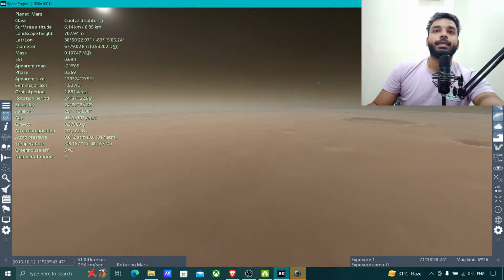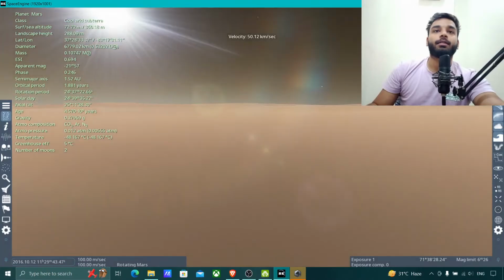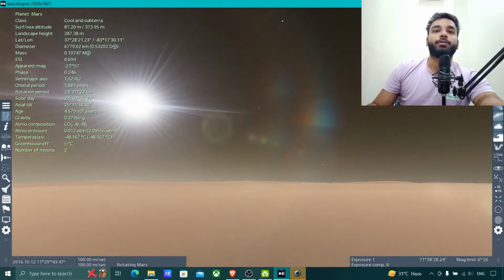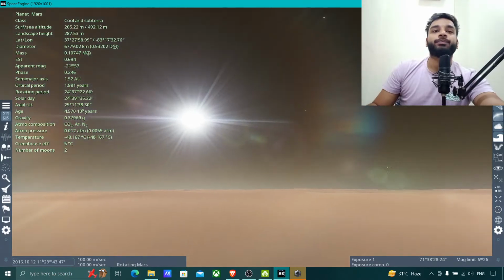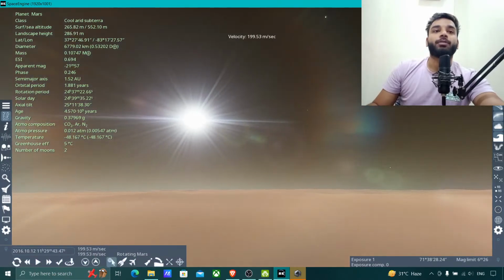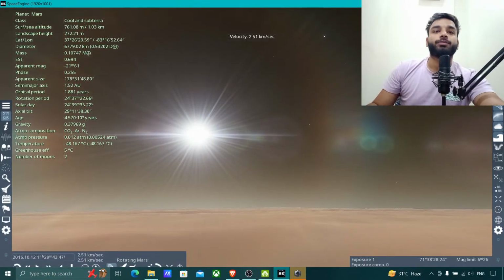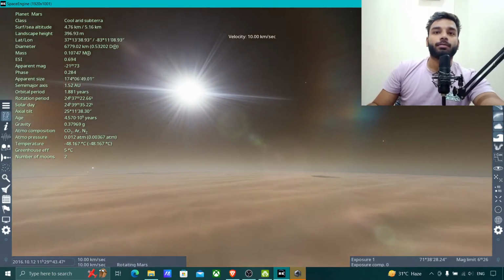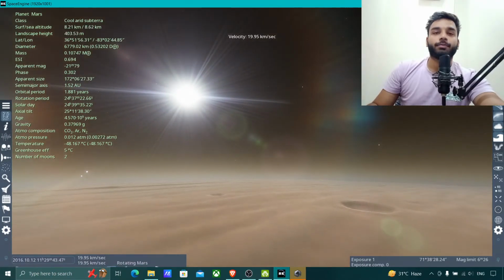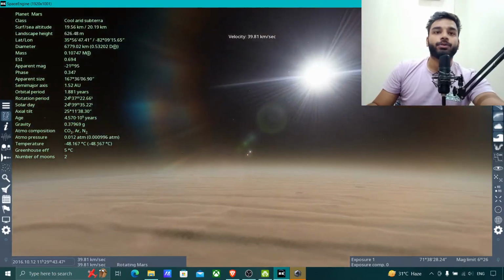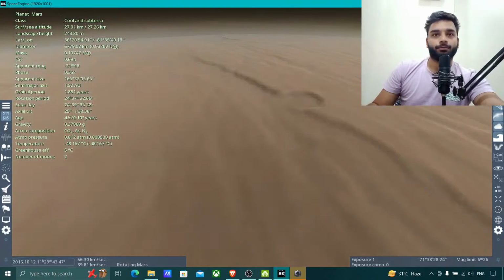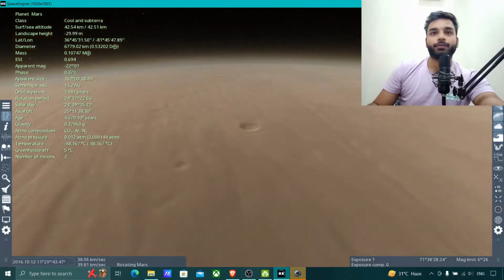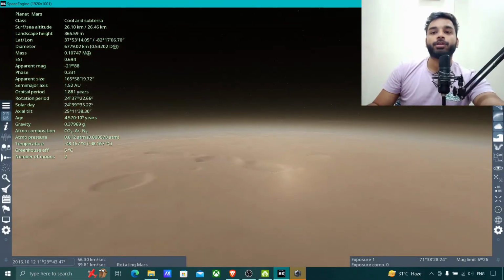So these are the signs that there were substantial water bodies in some form at some point of time when there was possibly life on the planet. So yeah, this is that. And also you can see the cutting in the surface. So this comes when there are significant water bodies on the surface.